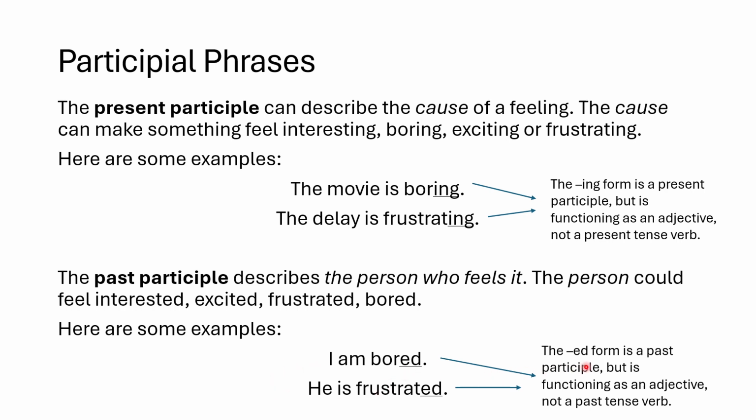The ed form is a past participle, but it is functioning as an adjective, not a past tense verb. The linking verbs, the form of to be, show the tense of the sentence.